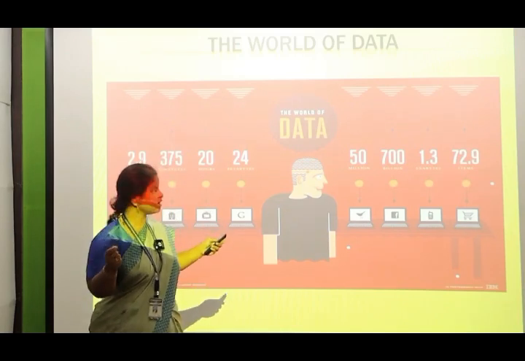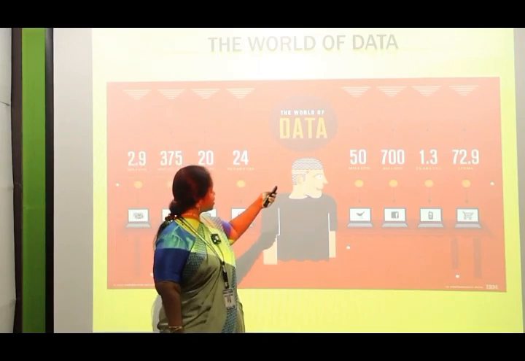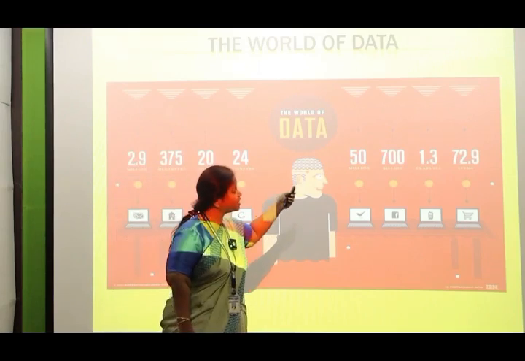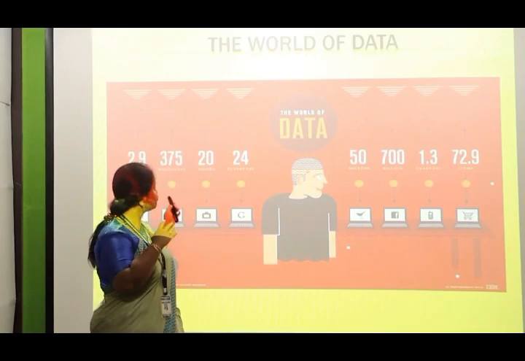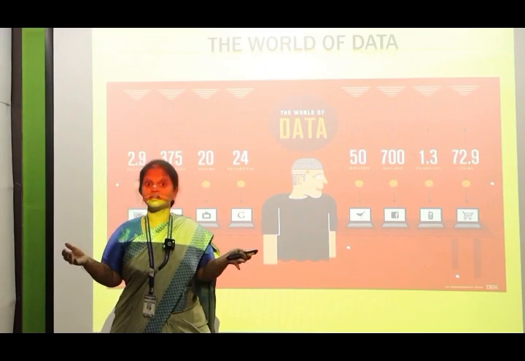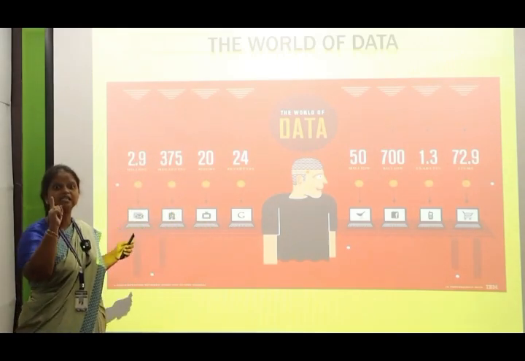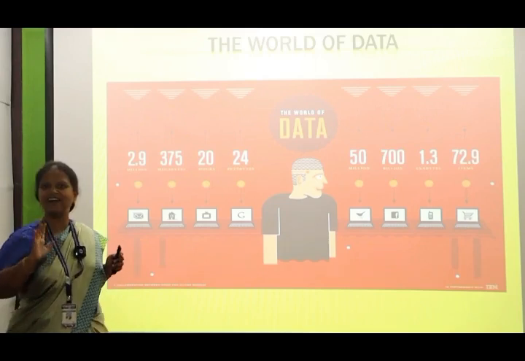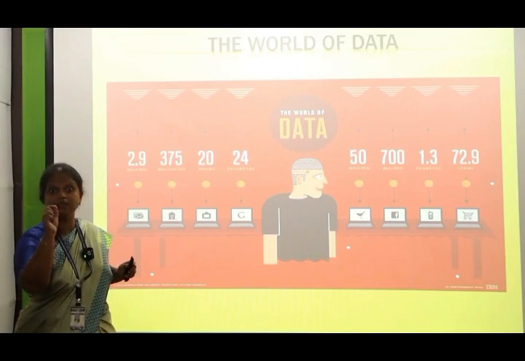So per day 50 million tweets are going on, and in Facebook, if you are using Facebook, 700 million likes and processes are going on. If you consolidate these things, it's unimaginable, right? If you want to process the Facebook data for one day, you just imagine you have to process 700 billion of data.